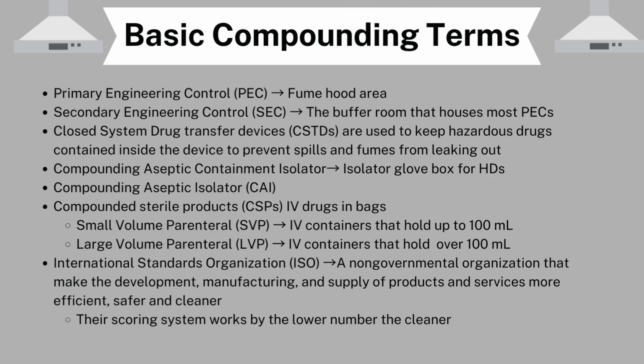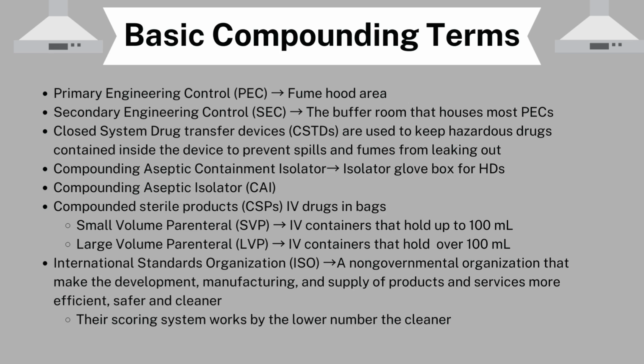Before we get started, we're going to go over a couple basic compounding terms. First is the primary engineering control, PEC for short, which is basically the fume hood area. We have the secondary engineering control, SEC, which is the buffer room that houses most of the PECs.